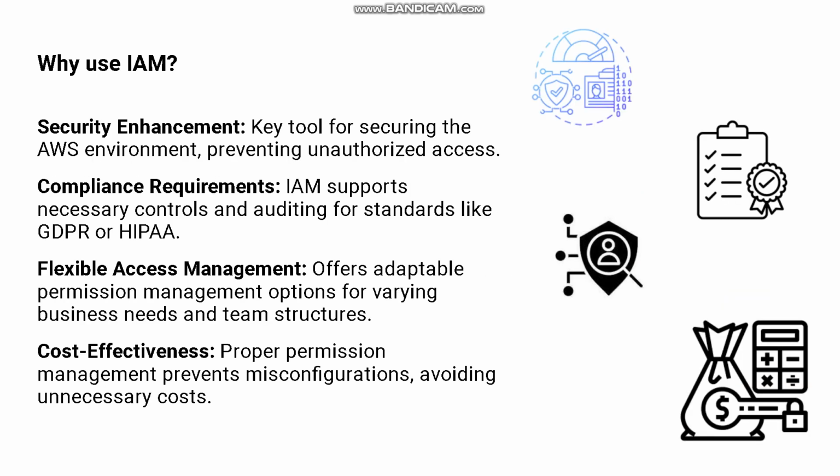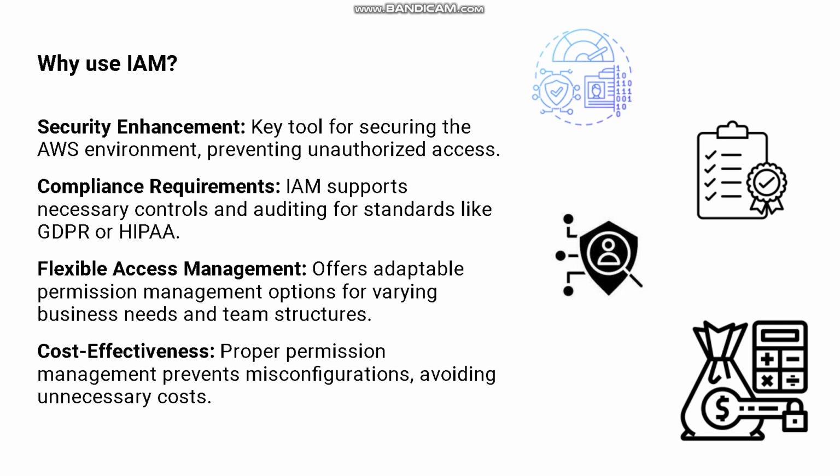So why use IAM? IAM provides security enhancement of the environment. It is a key tool for securing the AWS environment, preventing unauthorized access. Secondly, there are compliance requirements. IAM supports necessary controls and auditing for standards like GDPR or HIPAA.